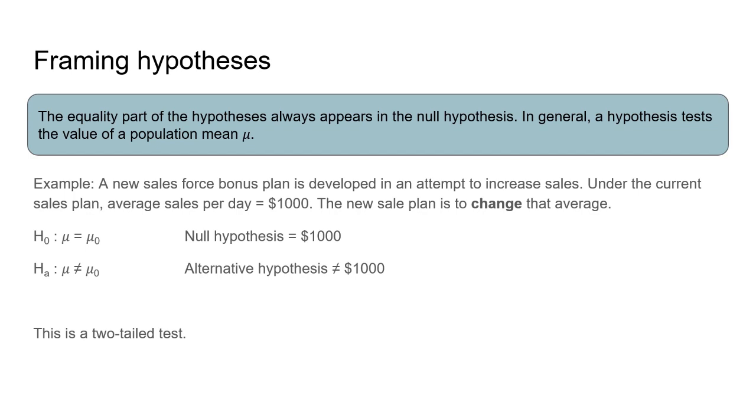We are looking for a change between the sample and the population. The null is therefore that there is no change, as you can see here. The alternative hypothesis is that something other than $1,000 is found with some significant level.